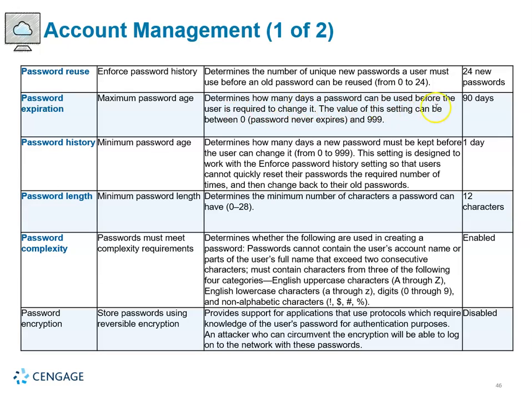So the value of this setting can be between 0, meaning you never have to change it, the password never expires, and then 999 days. A typical value would be 90 days. So every calendar quarter, a user must change their password, at least that length if it's set for 90.